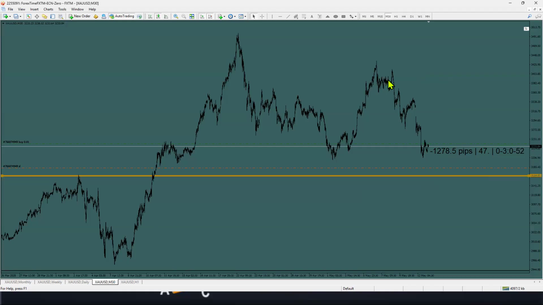If the market moves a little bit like this and touches this trend line, I close my trade, because the market can fall from here and come down.